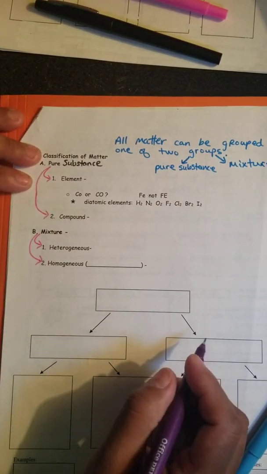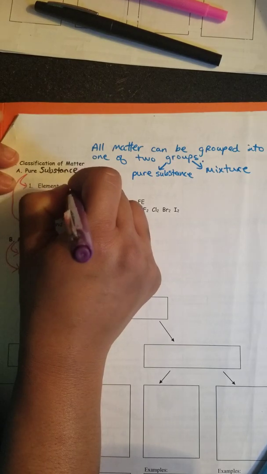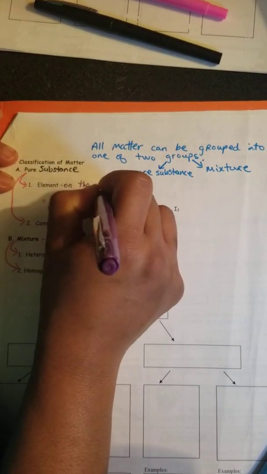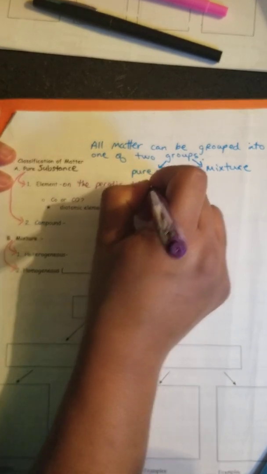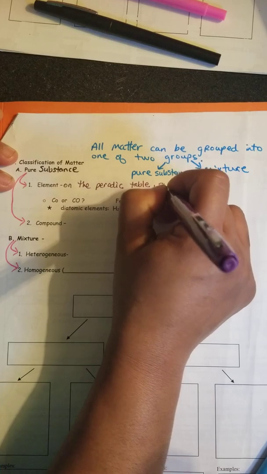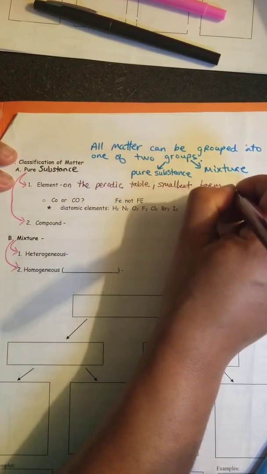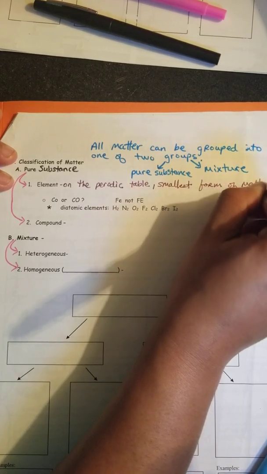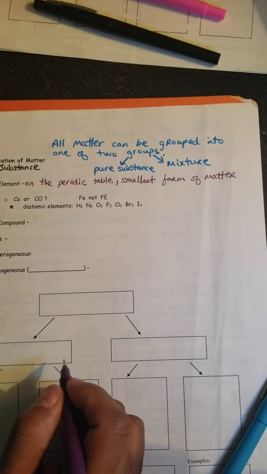Here, elements. Elements, you know, elements are going to be on the periodic table, and they are the smallest form of matter. Okay? The smallest form of matter.